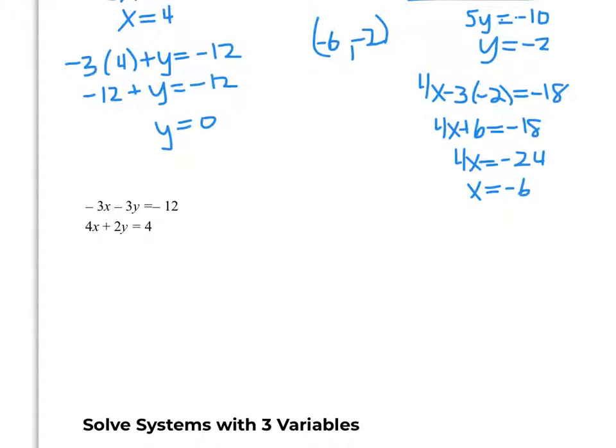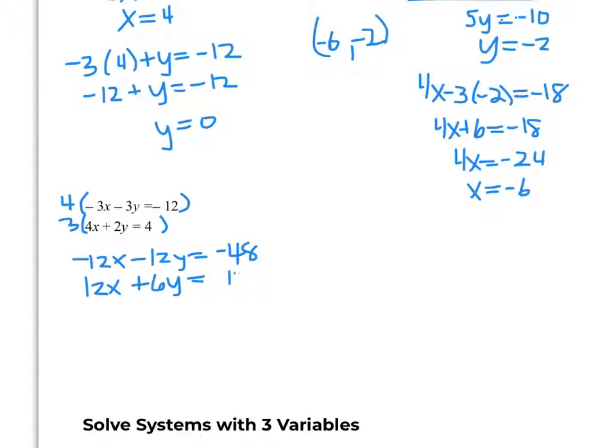The last one doesn't really have a way around multiplying both equations, so I'm just going to multiply by 4 on the top and 3 on the bottom. So I get negative 12x minus 12y equals negative 48, and then 12x plus 6y equals 12.